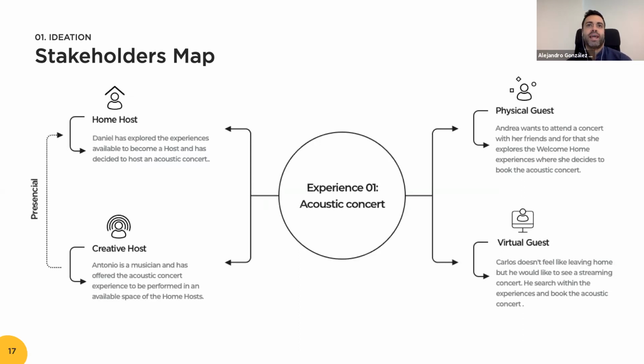This was more like a service where we wanted to build something like Airbnb experiences, where you can be a host of an experience, or you can be a creative host, like a musician that is going to a house to give a concert. And you can be a physical guest that is going to that house, and a virtual guest that is going through the platform, basically watching the concert, right?